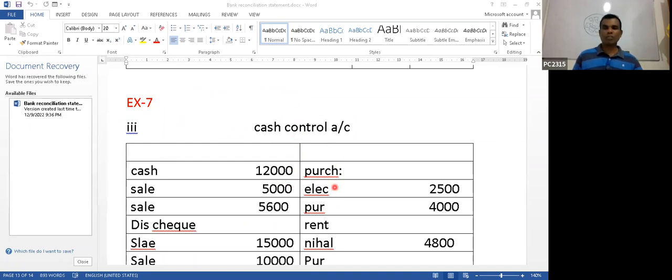Through debtors it should be debited 2,000. Through cash, income should be 500. Now these are the values that should be recorded in the cash control account. In the cash control account, these three items are debited.